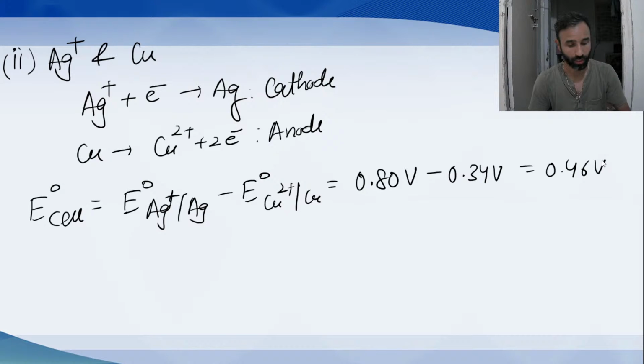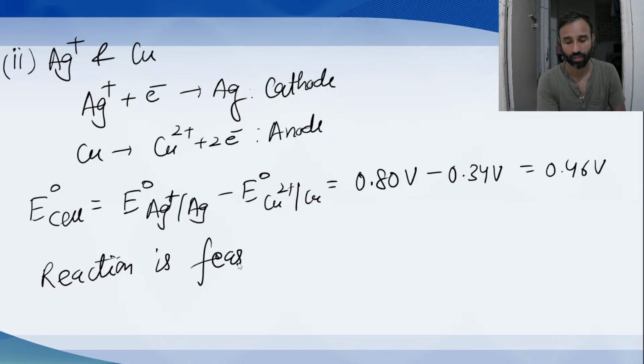E naught cell is positive, so the reaction between Ag+ and copper is again feasible. The first two reactions are feasible because in both cases E naught cell is positive.